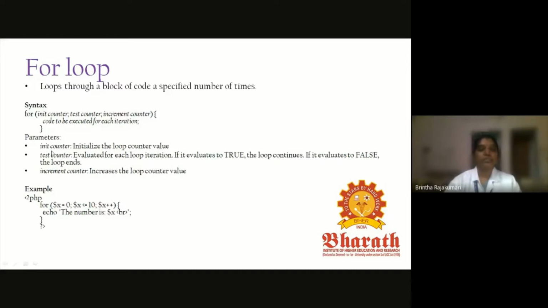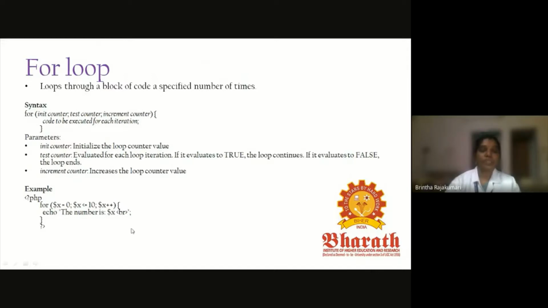The initial counter initializes the loop counter value. The test is evaluated for each loop iteration. If it evaluates to true, the loop continues. If it evaluates to false, the loop automatically ends. The last one increments or decrements the loop counter value.